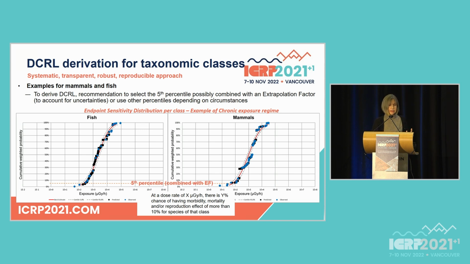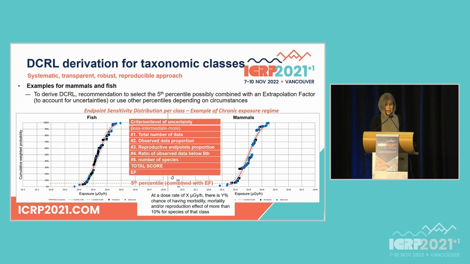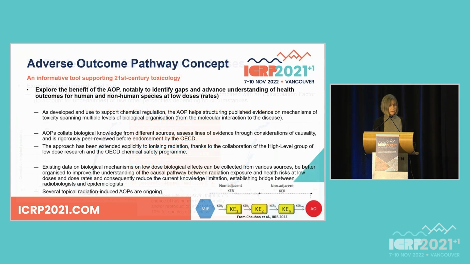So possibly this DCRL could be based on this 5th percentile per class, and it's also possible to combine this with an extrapolation factor to take account of uncertainty and reflect the confidence we have in the data sets underlying the endpoint sensitivity distribution. This is a multi-criteria extrapolation factor that can be applied to the 5th percentile and give more confidence in the outcoming value as use of benchmarks.